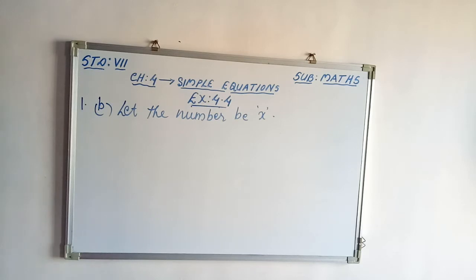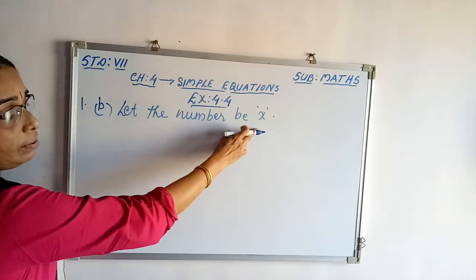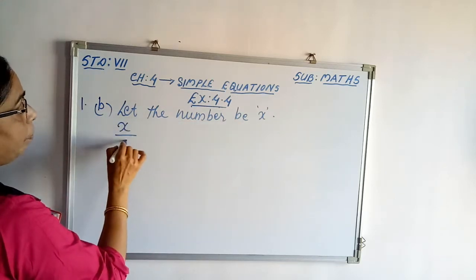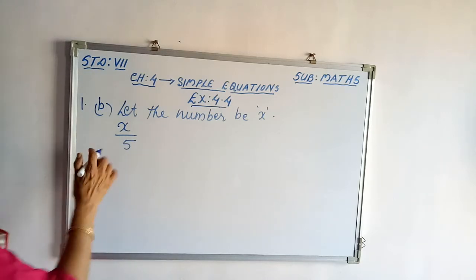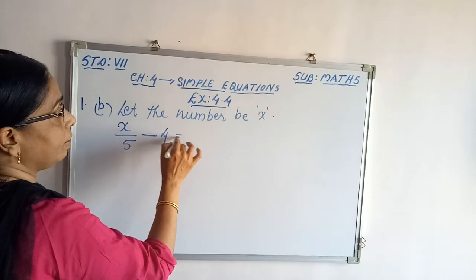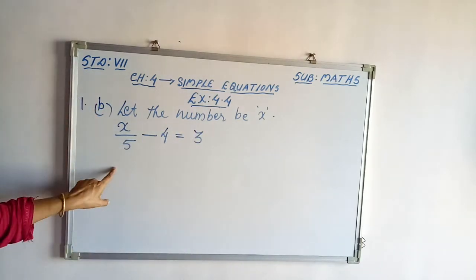I am going to write the condition in one statement. 1/5 of a number minus 4 gives 3. So what is 1/5 of a number? The number is x. 1/5 means x upon 5, isn't it? 1/5 of a number minus 4, what is it? It is 3. Clear? This is the equation.